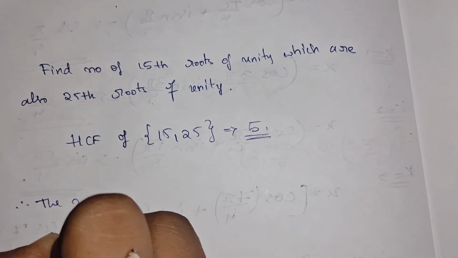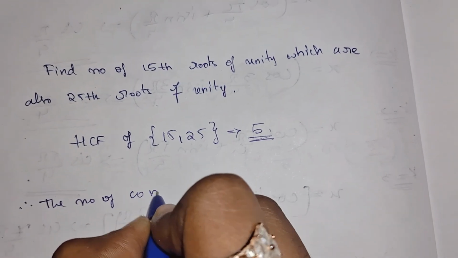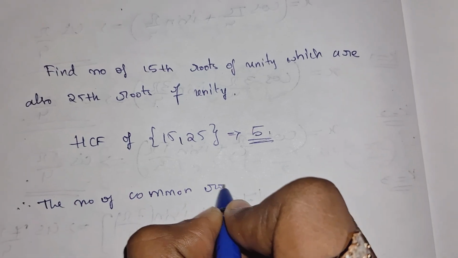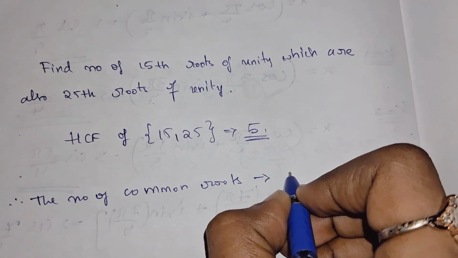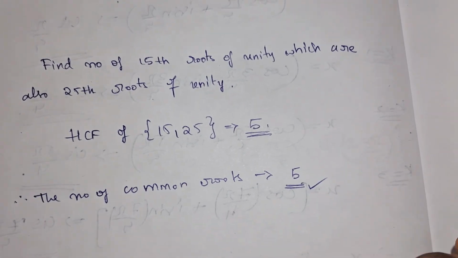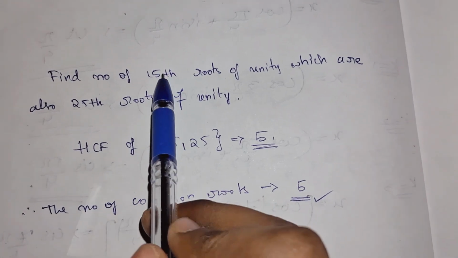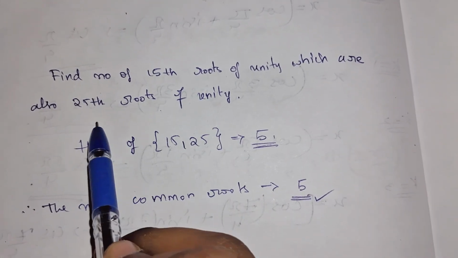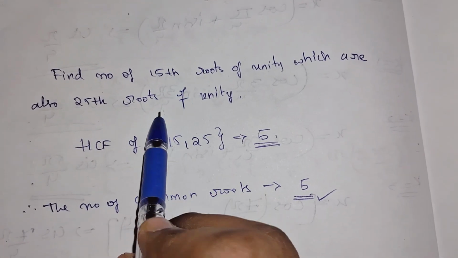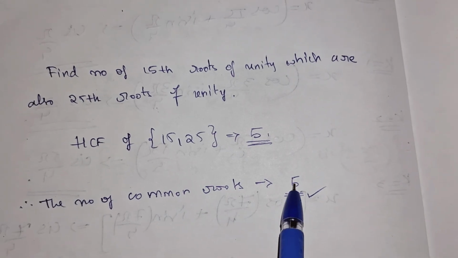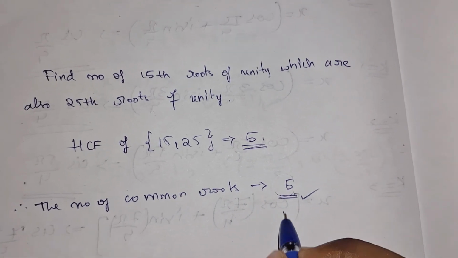Therefore, the number of common roots is 5. Why am I writing common roots? Because 15th roots of unity are also the 25th roots of unity, so they are common roots. Therefore, the number of common roots is 5. So this is the answer.